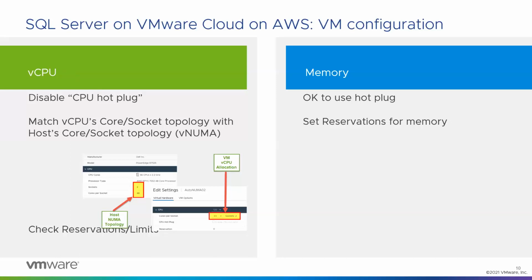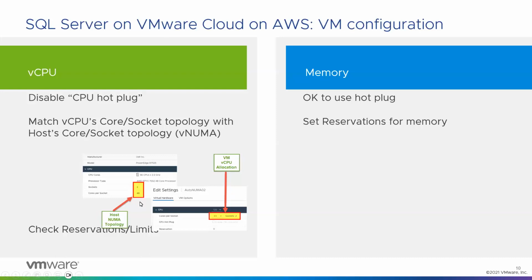However, if you are looking to run a VM with 64 vCPUs on an i3 host, enabling CPU hot plug might affect performance by up to 5%, depending on how intensive your application is in terms of consuming CPU resources. The next one, and during a live demo, I will spend some time looking at those settings.